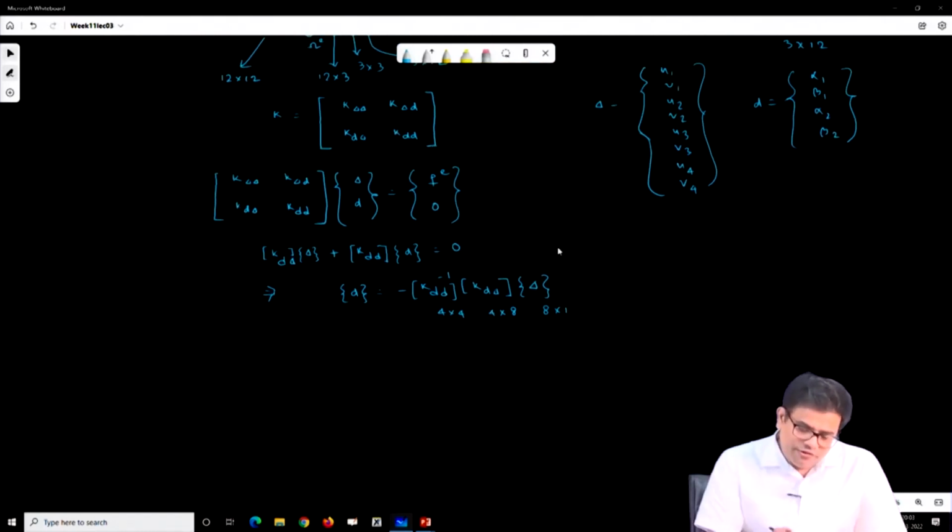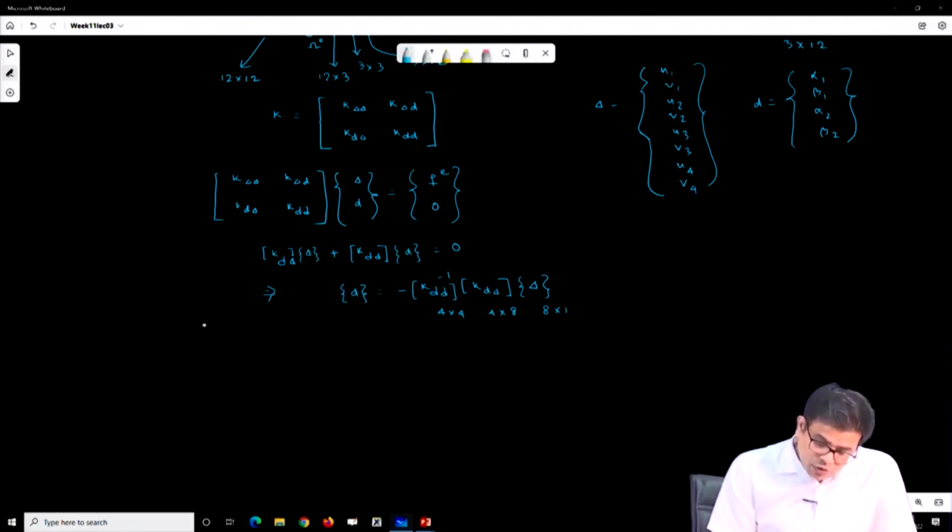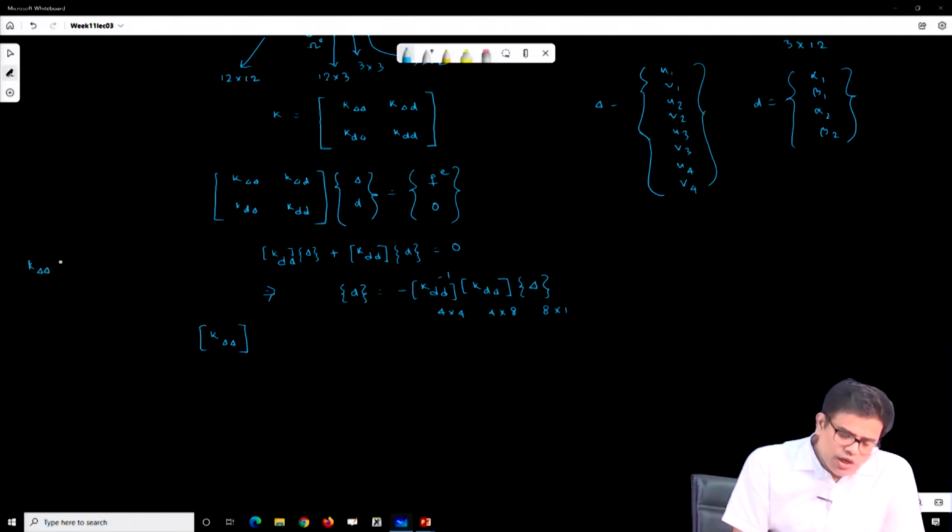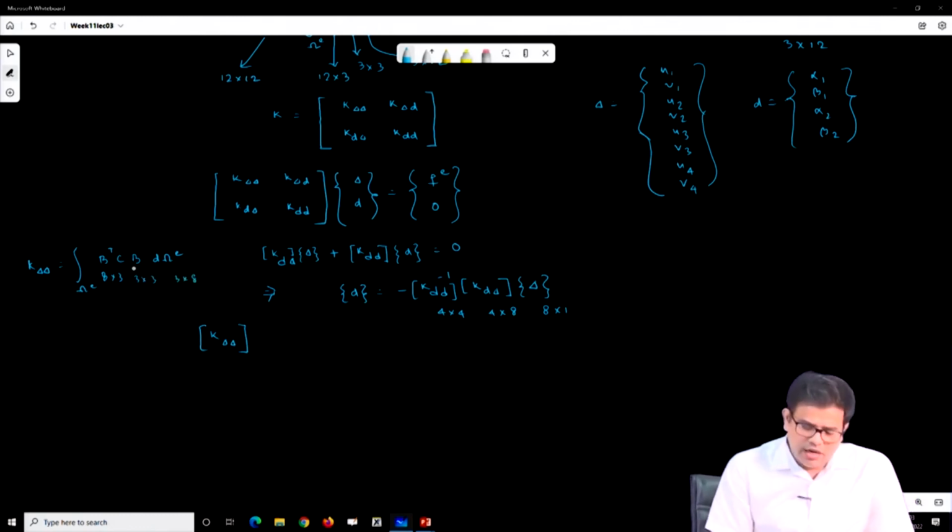Now from the first equation, K delta delta is essentially your standard Q4 stiffness matrix, that is, the integral over the element of B transpose C B, where B is 8 cross 3, then 3 cross 3, and then 3 cross 8. So this is the standard B matrix.